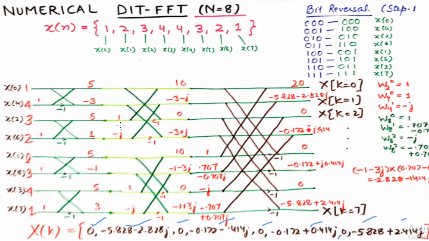Very quick algorithm, and you simply need to keep track of weights. So the thing that needs to be committed to your memory are the weights on the 3 stages, and this minus multiplier at the bottom of the butterfly diagram cross.